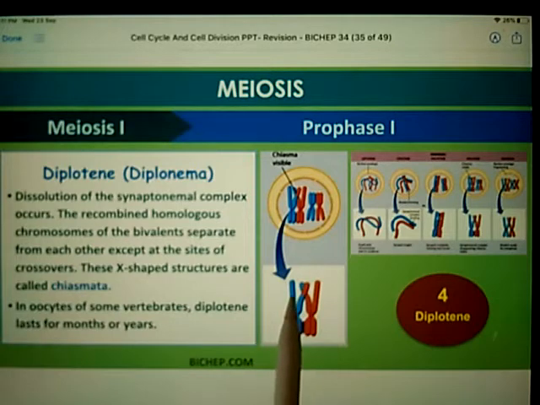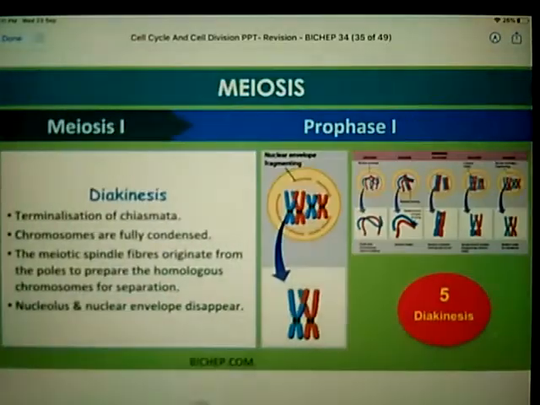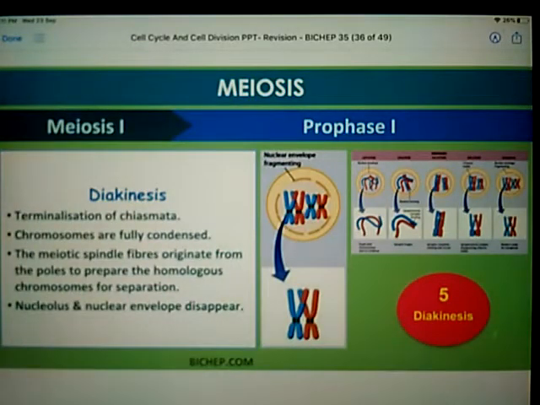The two sister chromatids of each chromosome start separating apart from each other, and in the last phase, diakinesis, we can see complete separation of the chromosomes, but they are not detached from the place of chiasmata or recombination nodule. That is the only part left to get apart.